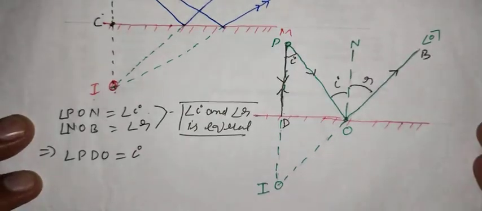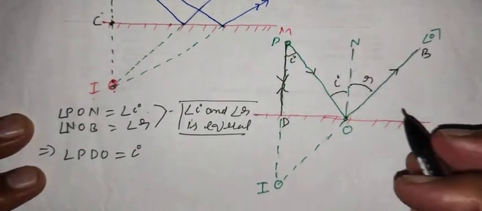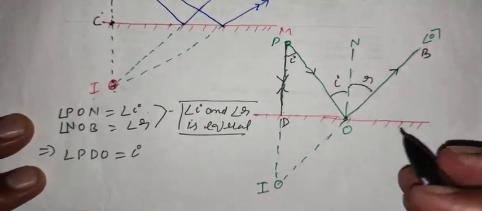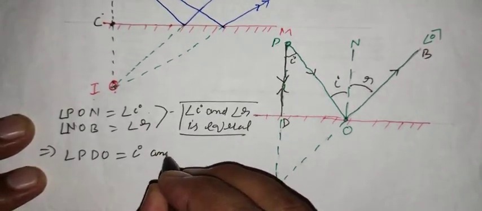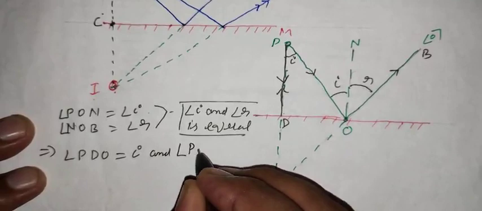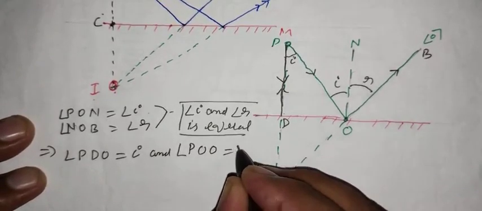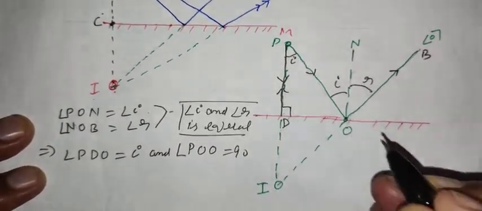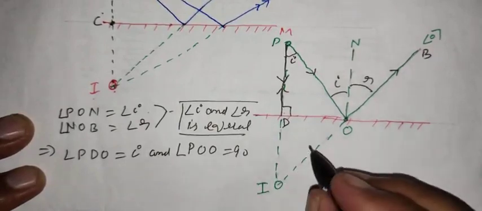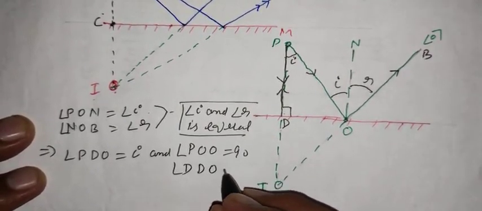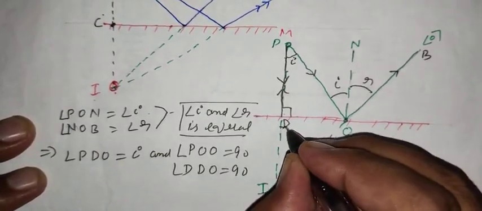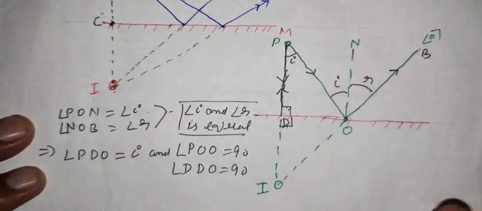Now angle PDO is equal to 90 degrees, perpendicular, and angle IDO is also 90 degrees. These two angles are equal.